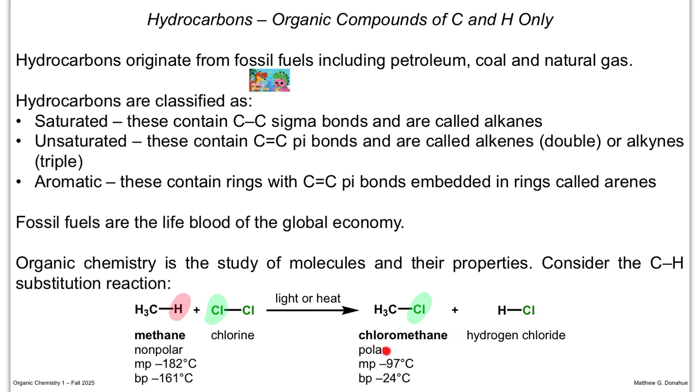That's polar. So why is it polar? Because chlorine has 3 lone pairs. It's delta minus, the carbon's delta plus. There's a difference in electronegativity. We now have a polar molecule, and then the physical properties change because of that.